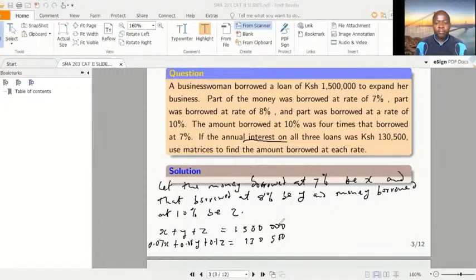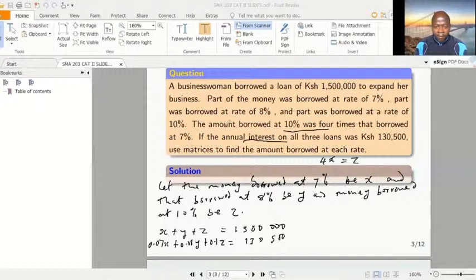Now, there's something else that this question states. The amount borrowed at 10% was 4 times that borrowed at 7%. So that means that if I took the money borrowed at 7%, which is x, and multiply by 4, I would get the amount borrowed at 10%.